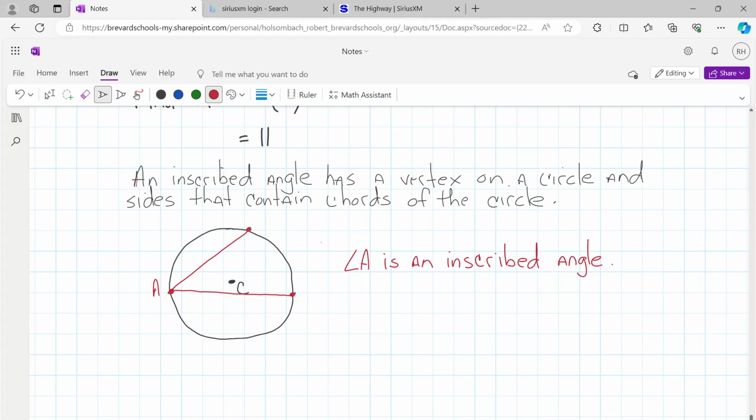All right, and theorem 10.6 gives you rules related to an inscribed angle.